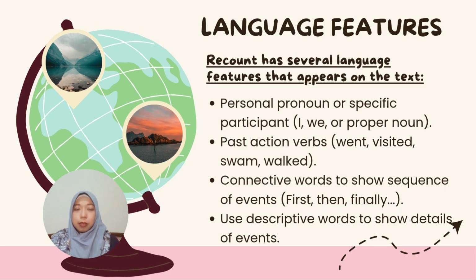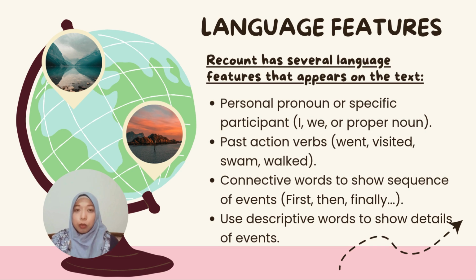And the next is the use of past action verb. We use the past action verb to tell the past event in our story. For example, like the word went for the past verb of go, or maybe visited for the past verb of visit, and swam for the past verb of swim, also walked as the past verb of walk.